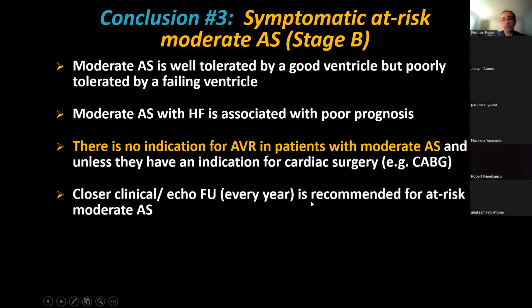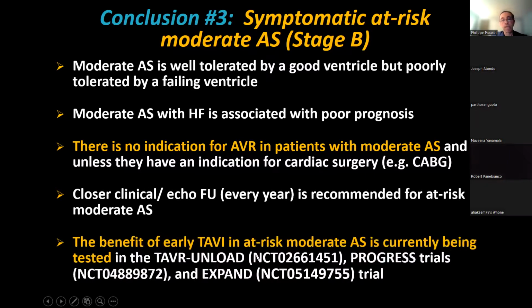But I think at least if you have patients with moderate AS who have some risk marker, maybe a closer clinical echo follow-up, maybe every year, is recommended for these patients. And the benefit of early TAVR versus clinical surveillance in the at-risk moderate AS is currently being tested in several trials.